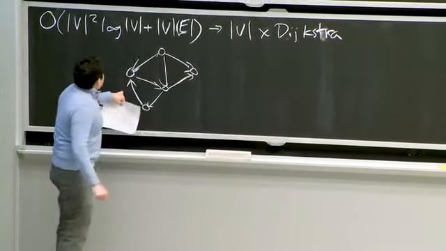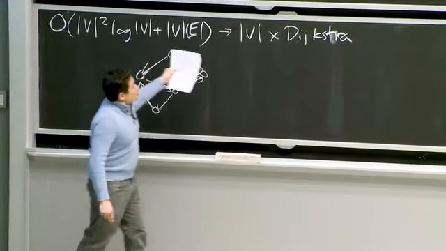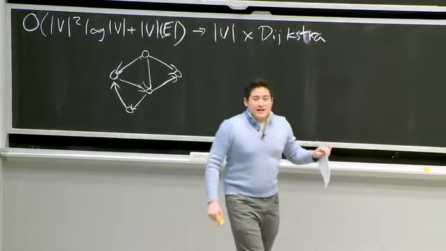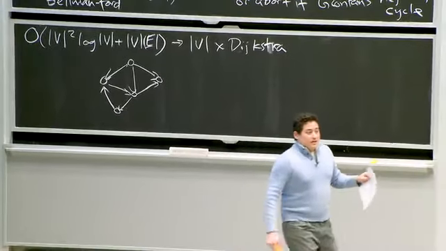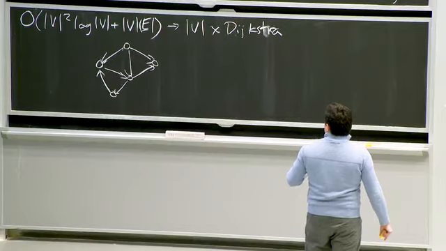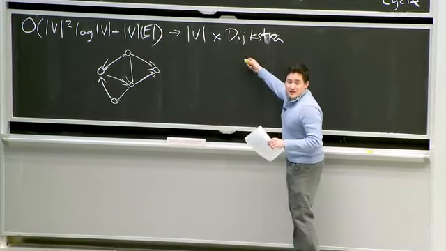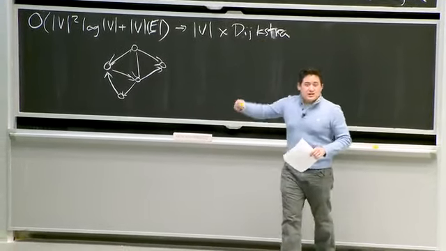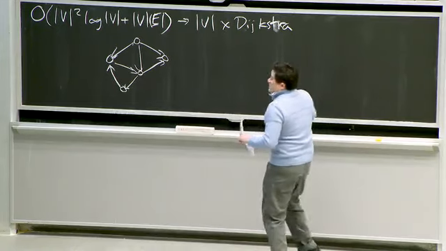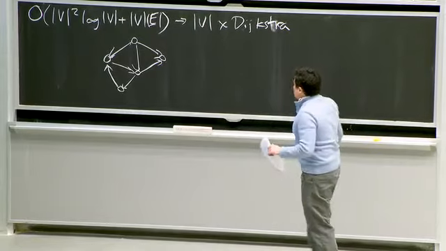I don't care about undirected graphs because if I had an undirected graph, I could detect whether it had negative weight cycles in linear time. I could just check each edge, see if it has negative weight, because a negative weight undirected edge is a cycle of negative weight.